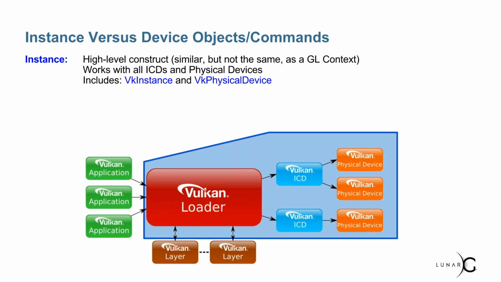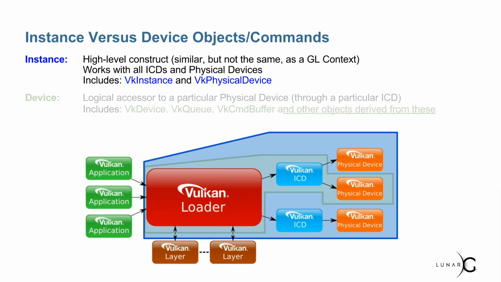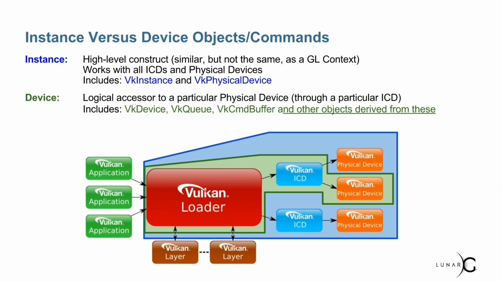For example, enumerate physical devices. It's going to go grab every physical device out there and provide it to the application. On the other hand, a device level object is specific to one physical device and actually one logical device of that physical device. So you can see between the two colored boxes on the screen around the loader the space that an instance object and a device object cover.